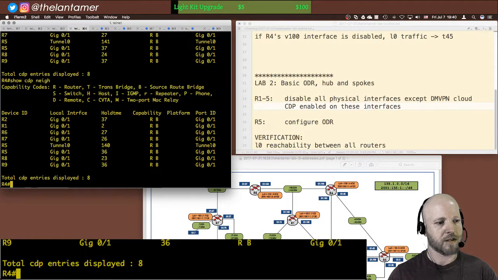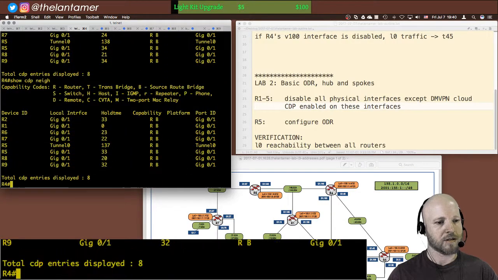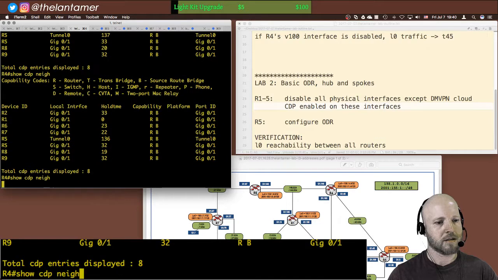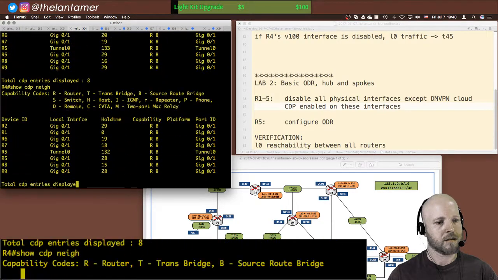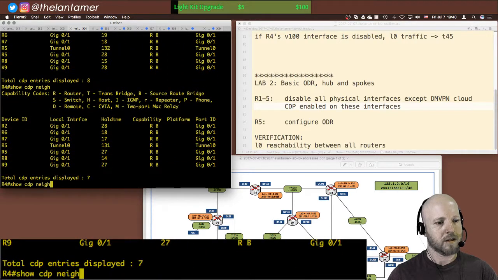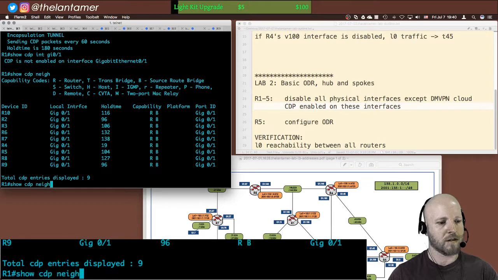And then it goes away. Good. That's what we want. R1 should go away. And it does. Nice. Okay. Now, why doesn't it do it on router 1?